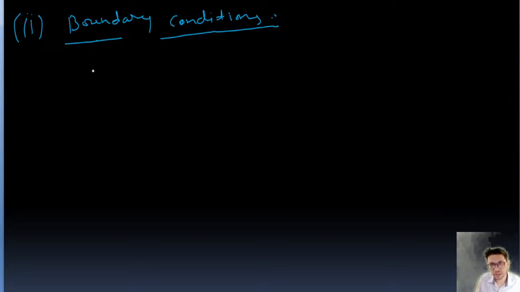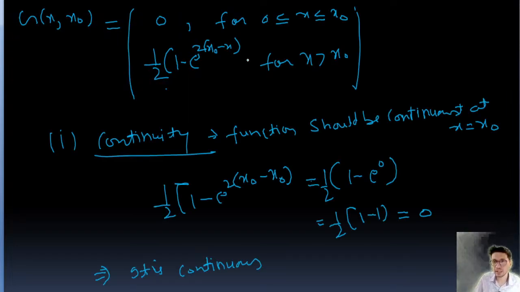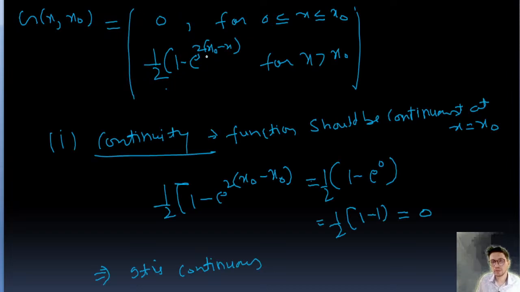y at x equal to 0 is equal to d over dx of y at x equal to 0, and this is going to be 0. This is satisfying the boundary condition, because the first value is already 0, so we don't need to put anything in.